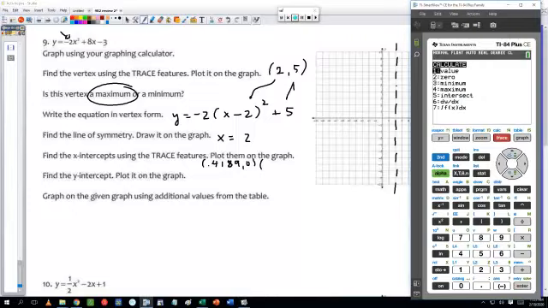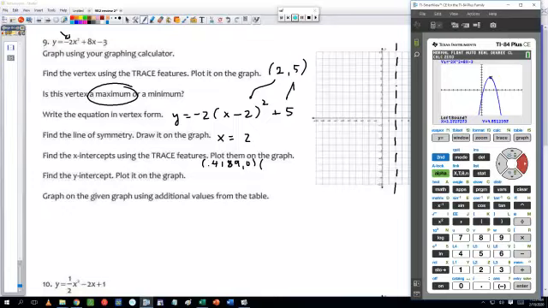Repeat the process. Y-intercept is never as complicated. It's that little fella right there.